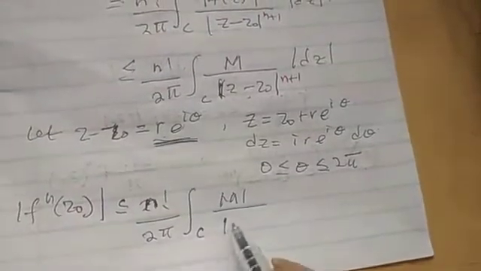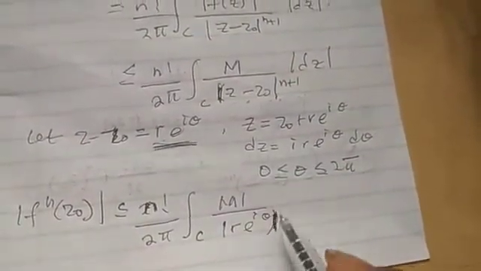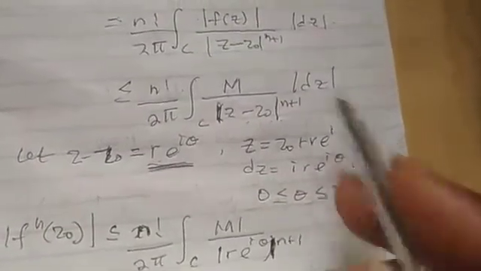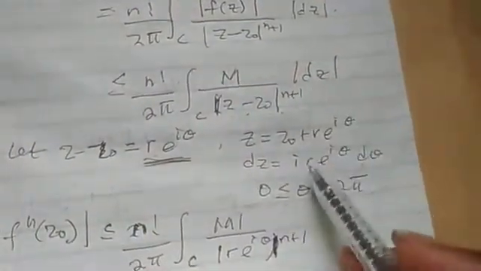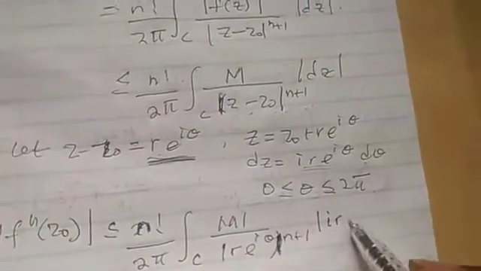So this is the absolute value of r e^(iθ), raised to power n+1. Also, dz here is the absolute value of i r e^(iθ) dθ.